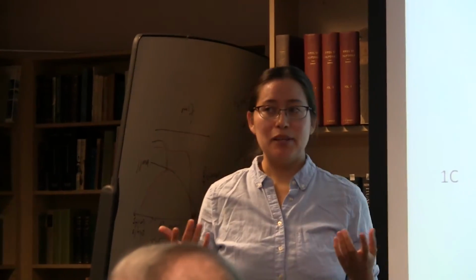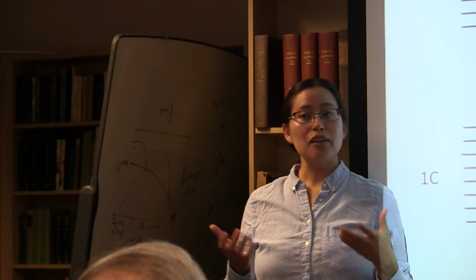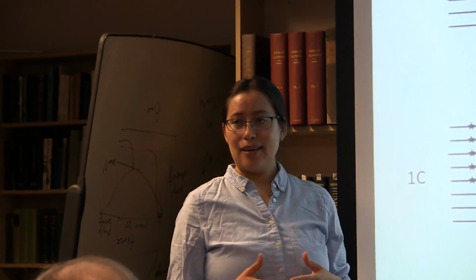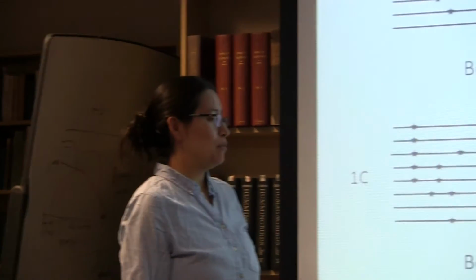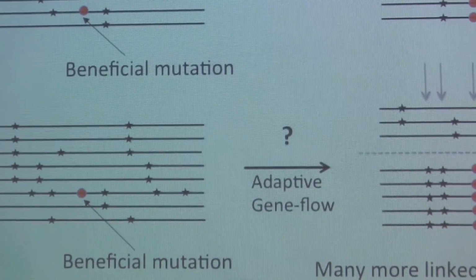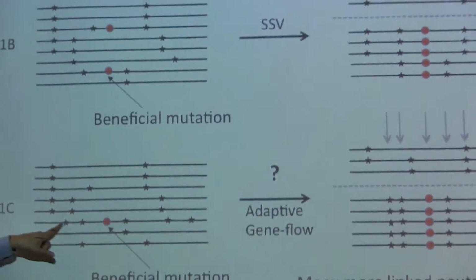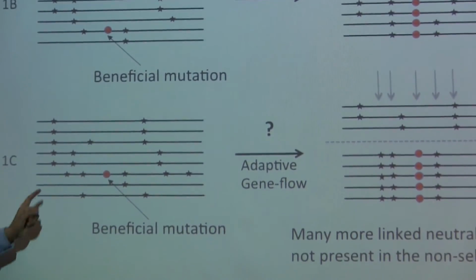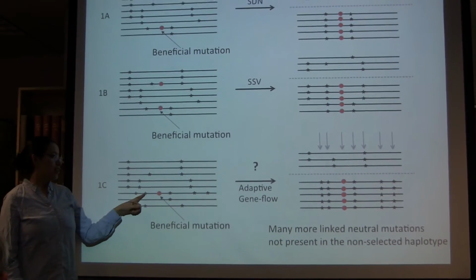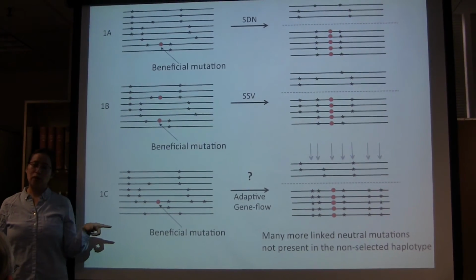But if you have something where another population donates a haplotype that happens to have a beneficial mutation, then this haplotype would be introduced into the population. This haplotype would go to high frequency, but now there's a lot of other neutral variation that's also new to the population.